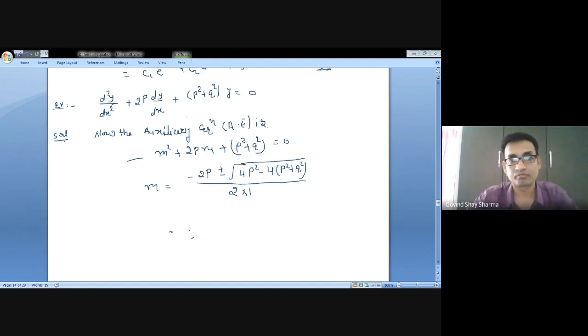So m is minus 2p plus minus root 4p square minus 4 times p square plus q square.